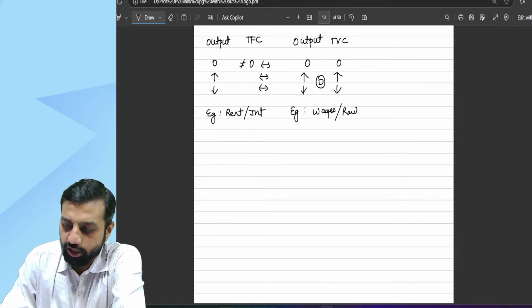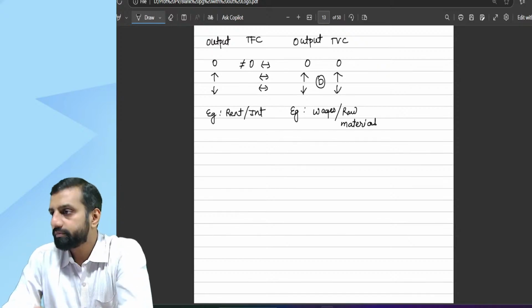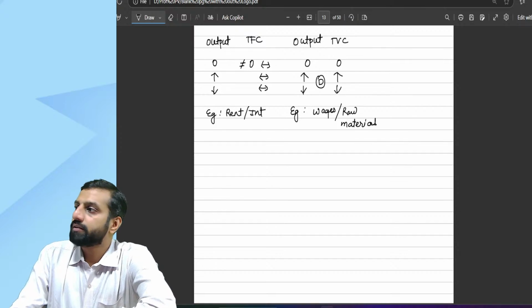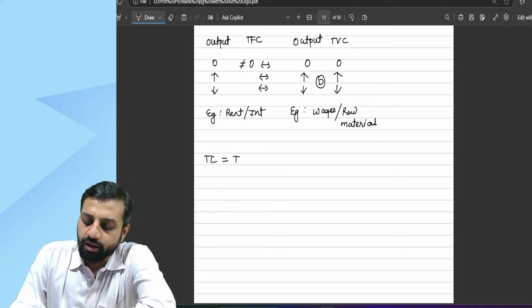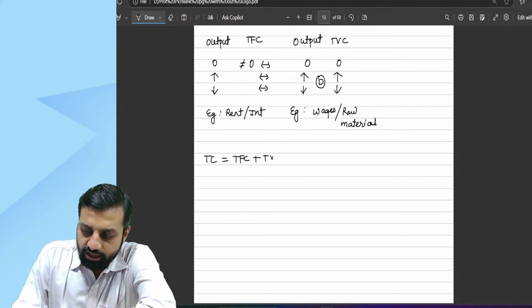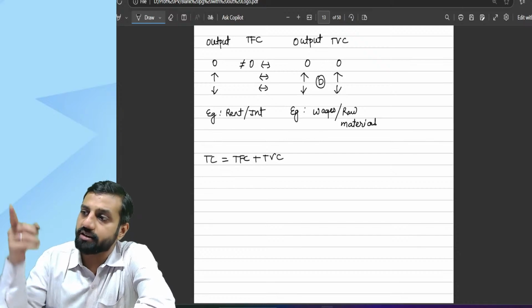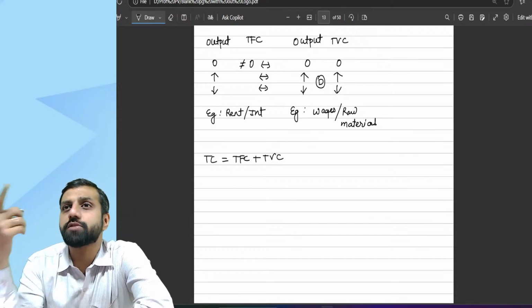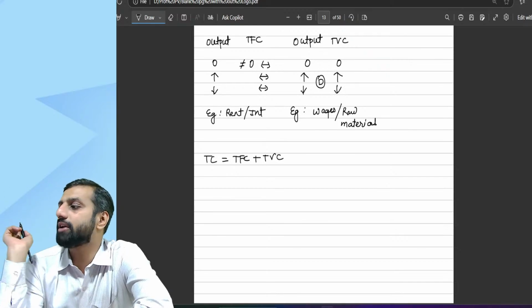It can be raw materials. Now, if we add total cost, TFC plus TVC, correct Nandini, variable cost varies with output, whereas fixed cost does not vary with the level of output.